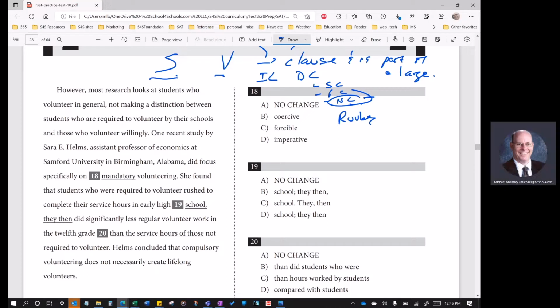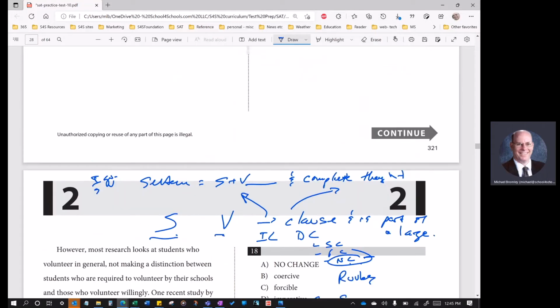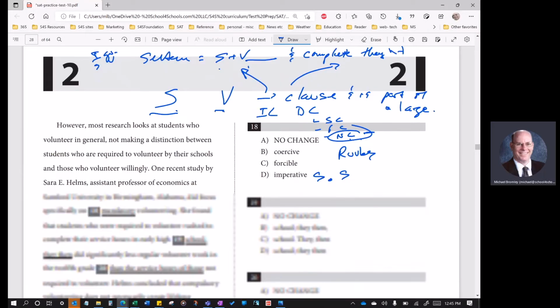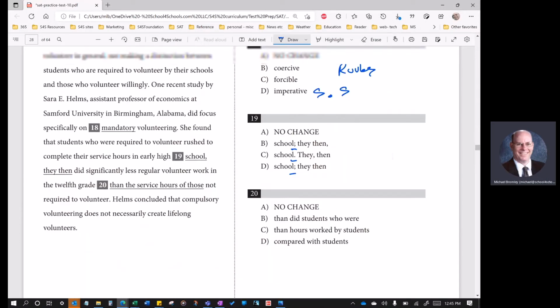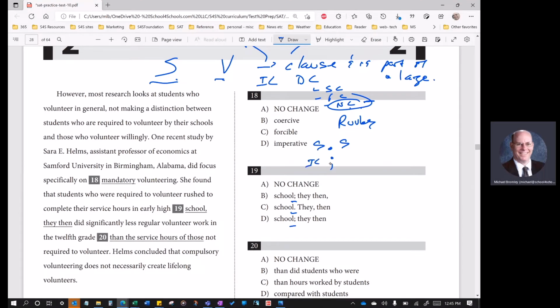All right, so let's get to what we go on here. The reason for this is the first rule: when I see a semicolon, a period, and a semicolon, I know that for a period, I have to have a sentence and a sentence. So a sentence is what? It's got a subject and a verb, and it's a complete thought. For a semicolon, I have to have independent clauses. And here's a comma, we're going to worry about that in a minute.